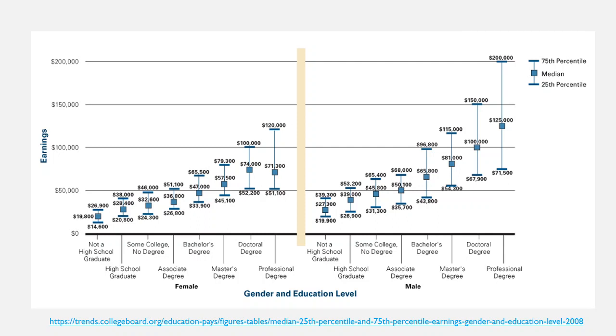So the basic point that this graphic is trying to communicate, that for both men and women, as you achieve more advanced degrees, you do tend to see higher income. But as you can see, there's a pretty stark difference between the cap for women at any particular degree versus the cap for men. You basically see that when compared to men, women's earnings don't sort of rise as much as men's do as they rise through these educational ranks.